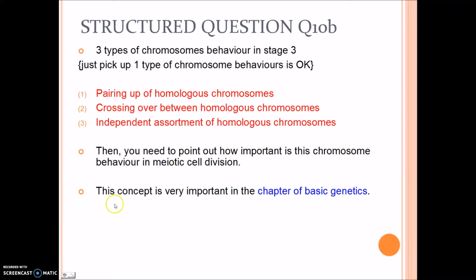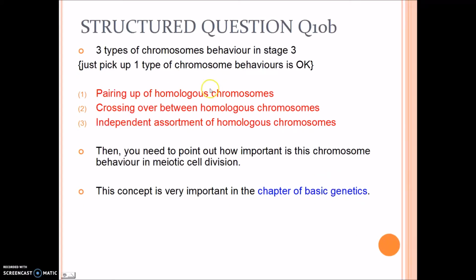One last reminder for this question is that these 3 chromosome behaviors are very important in the chapter of basic genetics. We shall learn it maybe in form 5 summer or form 6. But at least you know that this cell division chapter is very important for the further chapters.